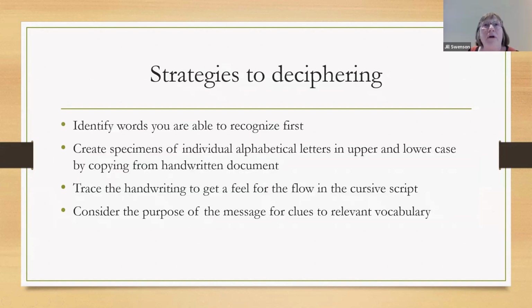So I want to talk about some strategies to decipher, right? If you come across a document, first identify the words that you recognize right away. It's like code, right? A cipher, you're going to decode it. And then I suggest you create specimens, especially from those words that you understand clearly, of each letter and the variations that are used of that letter.